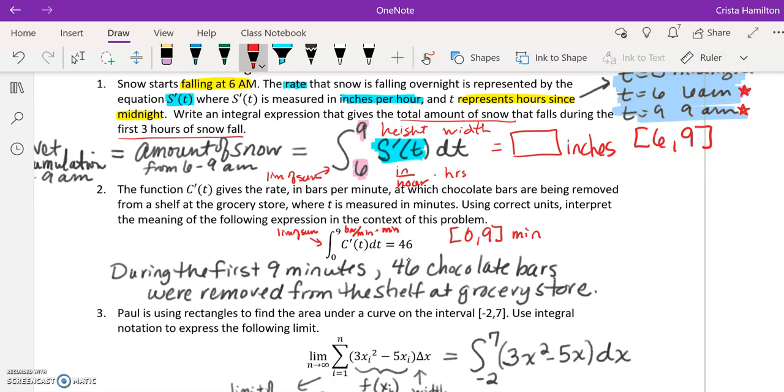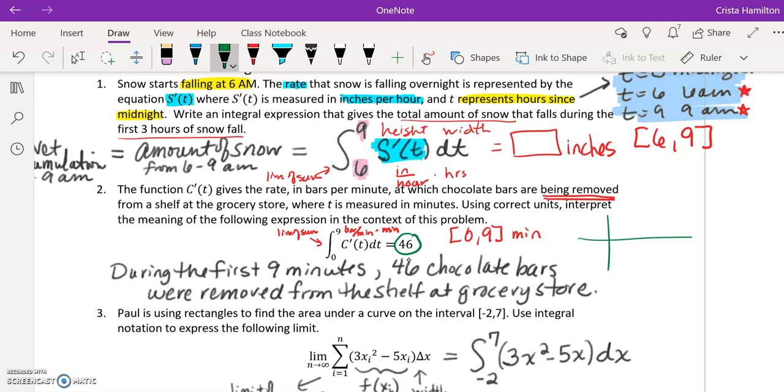Now, how do I know it was removed? Because they told me that. If I was doing this in a problem and saying what the rate is, technically, if we're talking about graphing this, I guarantee you that this rate function, because we're removing them, is going to be below the x-axis. And even though it's not a negative number here, when we are talking about it, we would be interpreting what we see on the derivative graph.